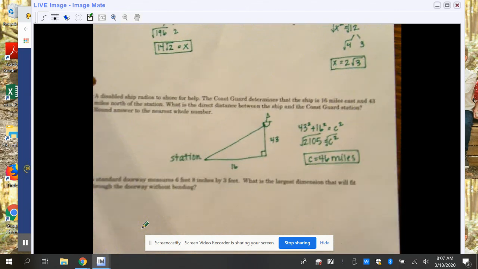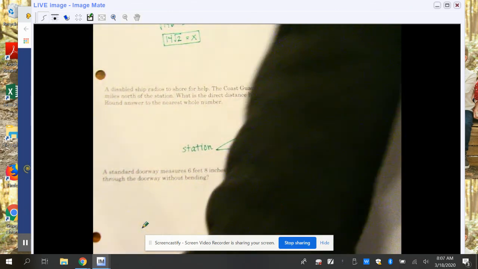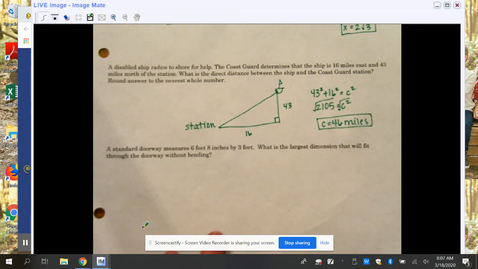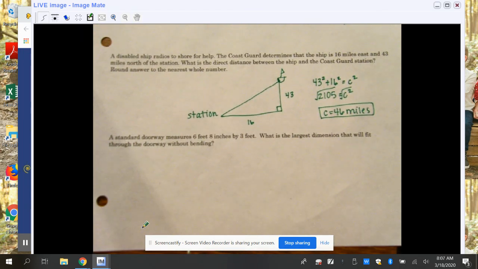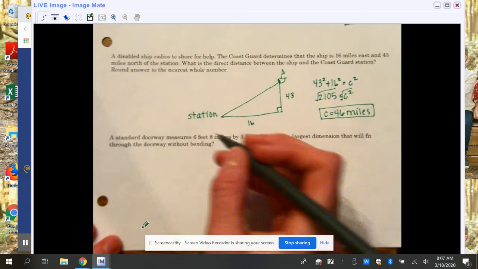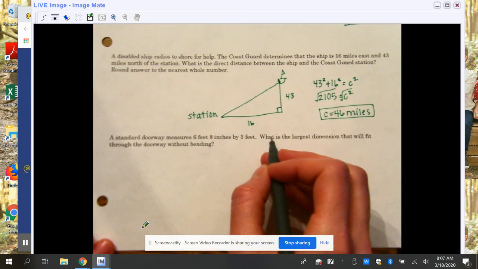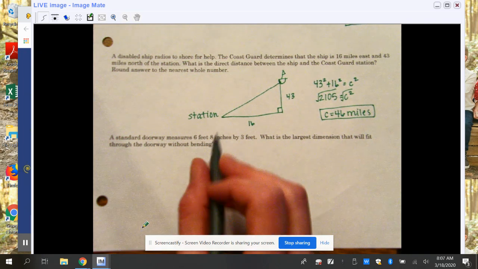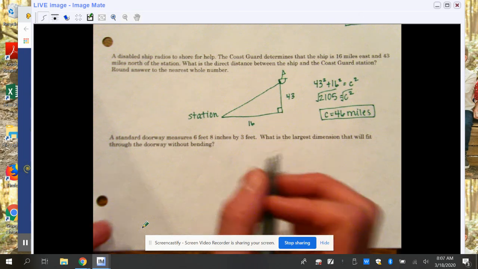All right, so let's look at one more word problem, and then we'll talk about an extension of the Pythagorean theorem. So a standard doorway measures 6 feet 8 inches by 3 feet. So the first thing we need to do is put it all in the same unit. And remember, last chapter, we talked about always changing the bigger unit back down to the smaller one.